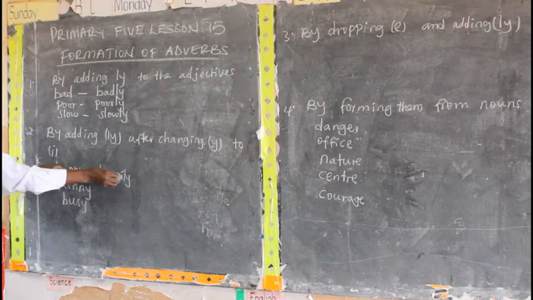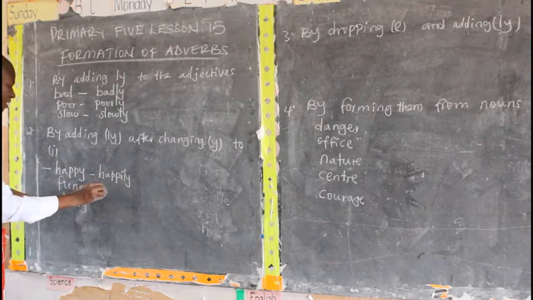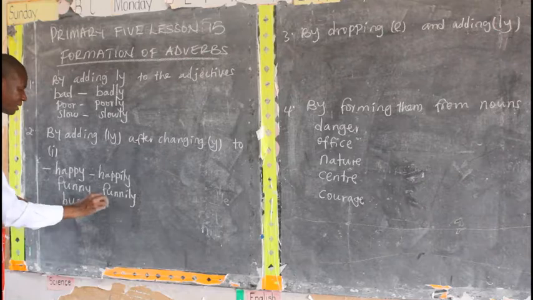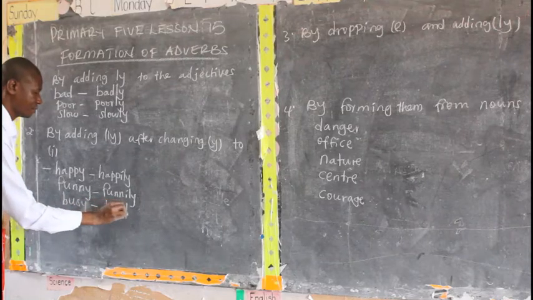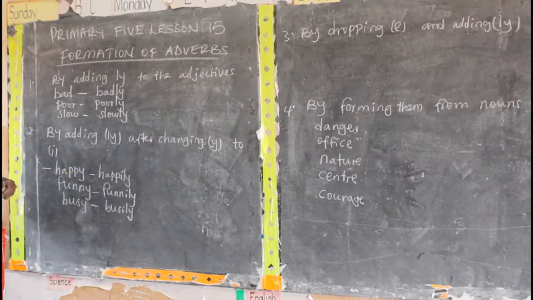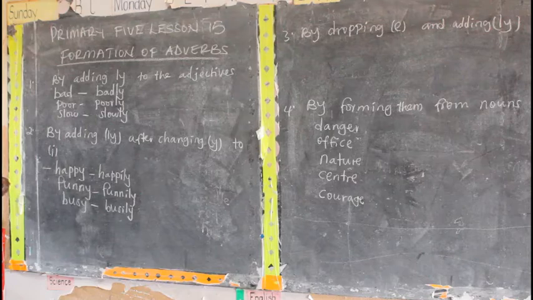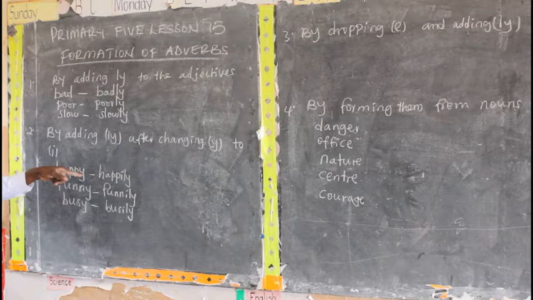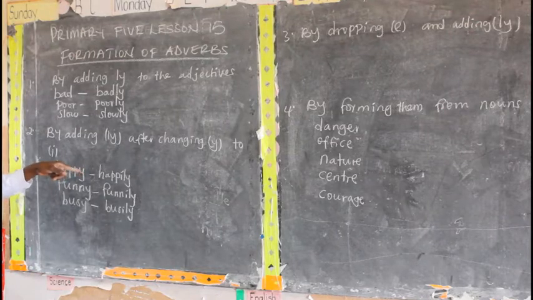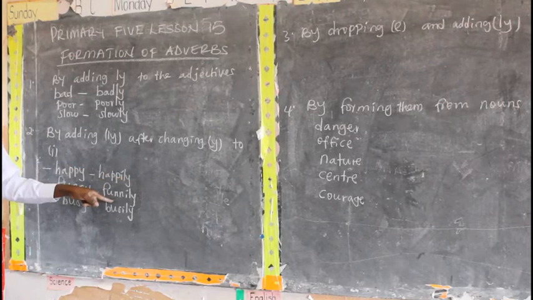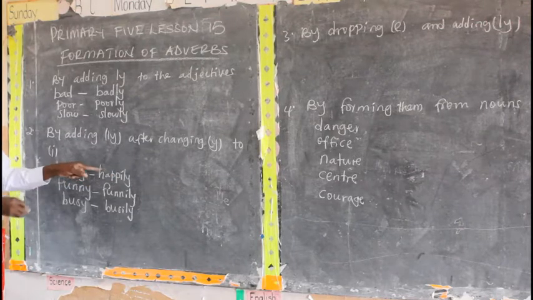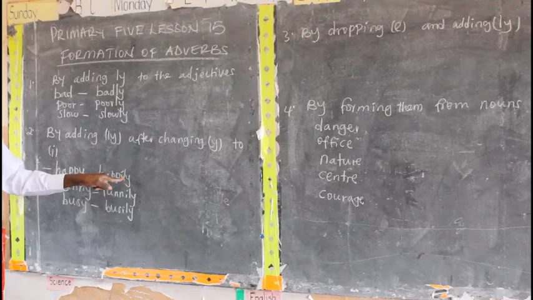Instead, it changes to letter i. Funny, funnily. Busy, busily. So these are some of the adjectives which end with y, and they form their adverbs by changing y to letter i. These ones are called adjectives, and these ones with ly are called adverbs.